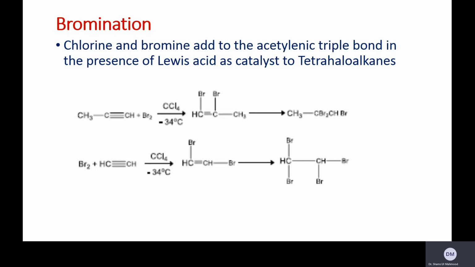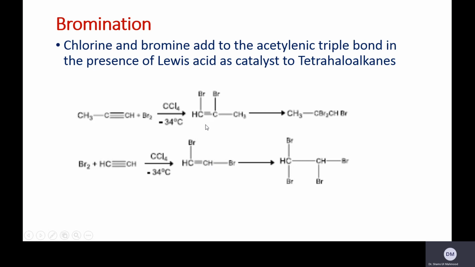Next, bromination, meaning halogenation. So addition of halogen is called halogenation, and we get the tetrahaloalkane. First, if we use bromination, one bromine goes to one carbon and the second bromine goes to the second carbon. So the triple bond moves to the double bond.